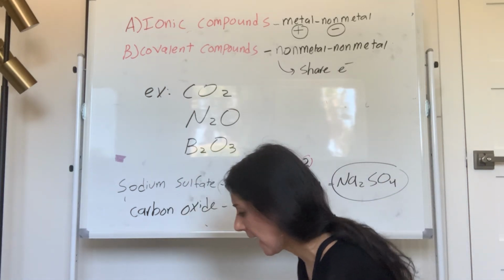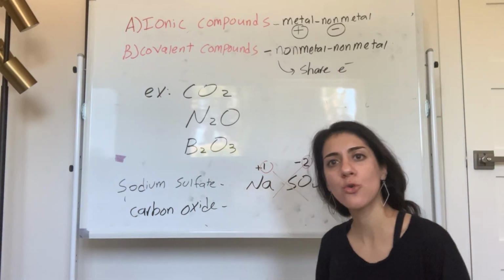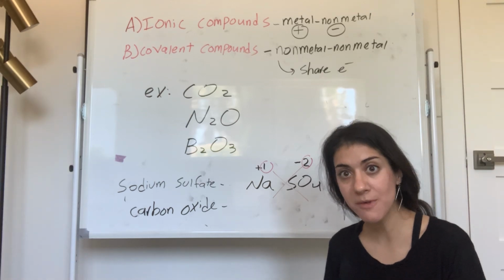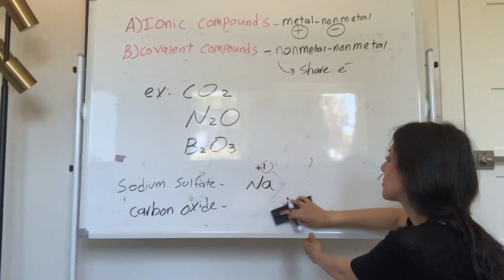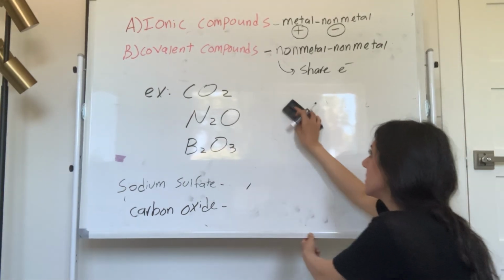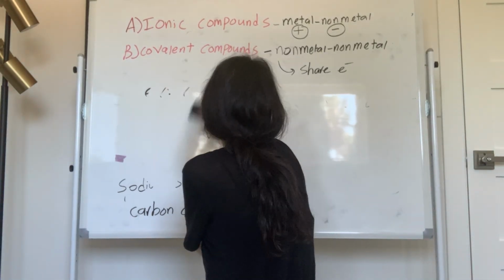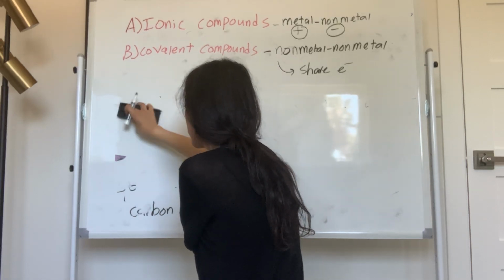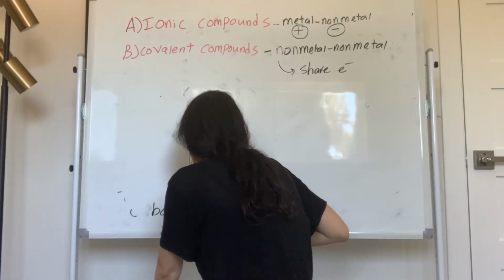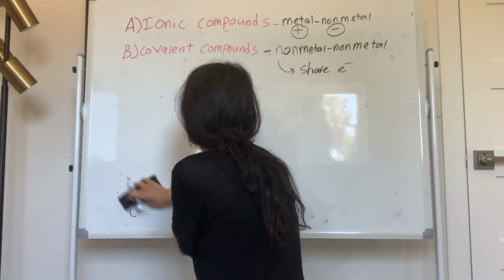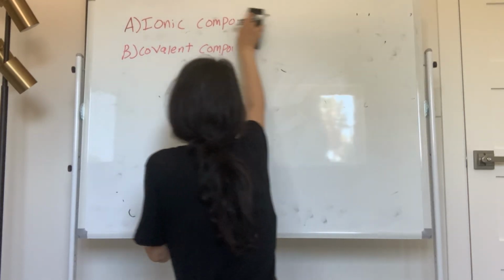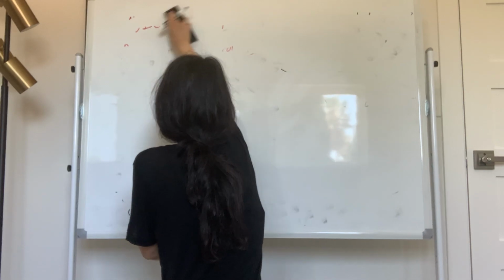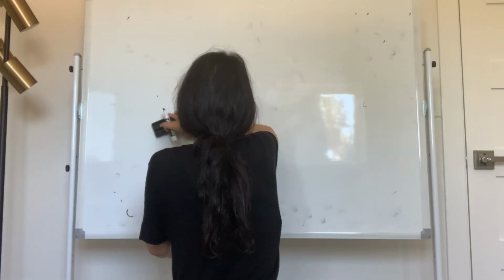Well, to get around that, when we name covalent compounds, and only covalent compounds, we have to use prefixes. Okay? So we have to use prefixes when we name covalent compounds, and again, it's just for covalent compounds.